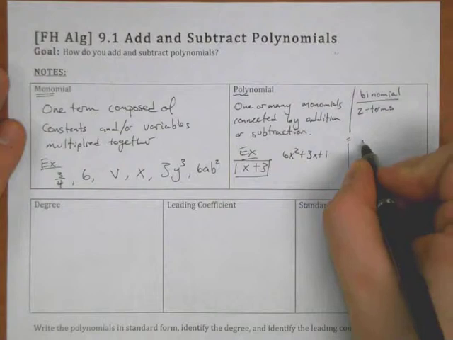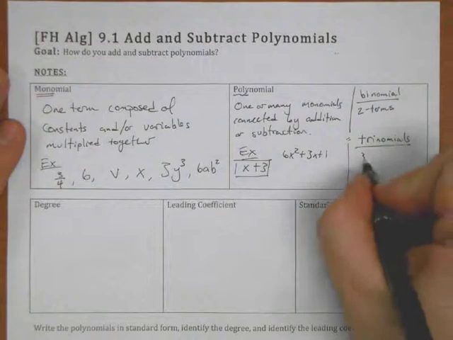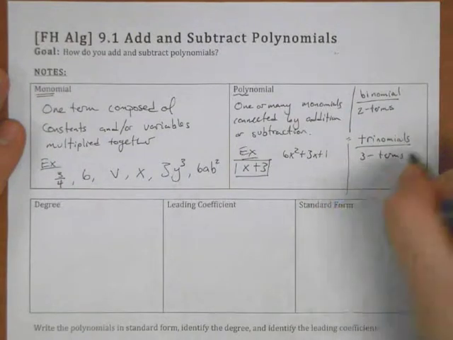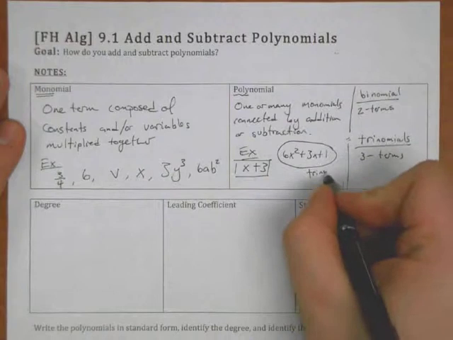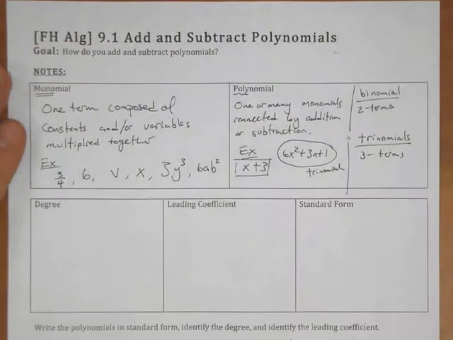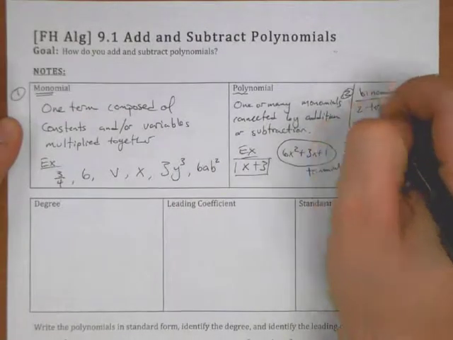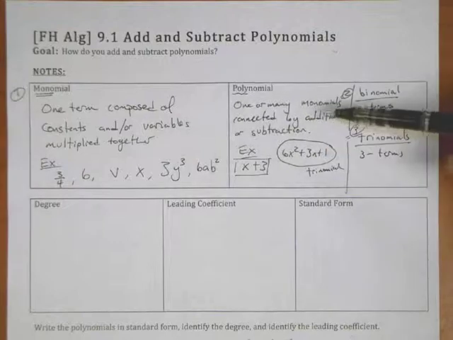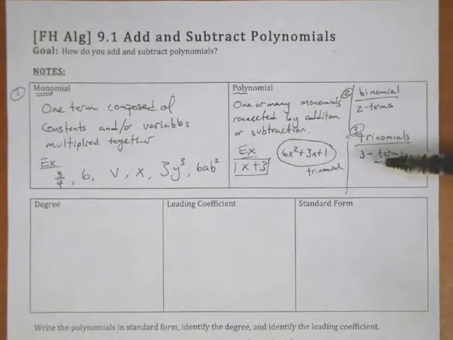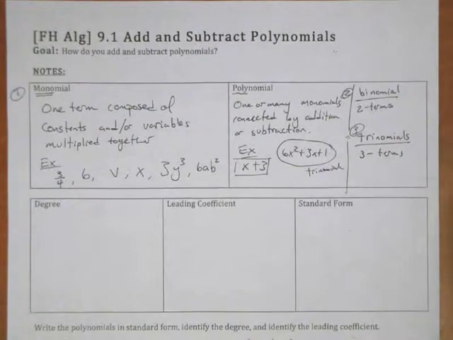We also have three-term polynomials, and those are called trinomials. This is three terms. Our second example here would be a trinomial. Okay, so one term, two terms, three terms, and then in general, all these things are called polynomials, and if you have more than three terms, then we'll just call that general thing a polynomial as well.